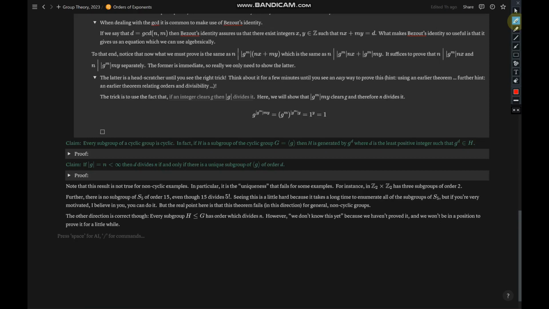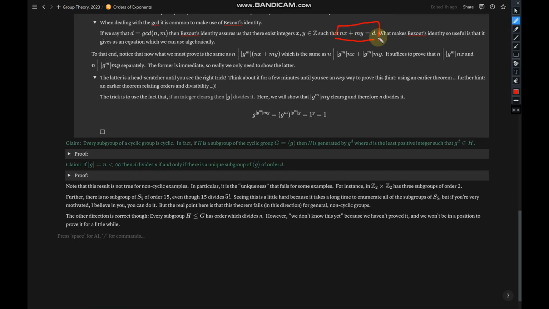So what does Bezout's identity tell you? Bezout's identity says that if you ever have two integers, in our case, m and n, then there always exists an integer linear combination which accomplishes the GCD. So that's this.